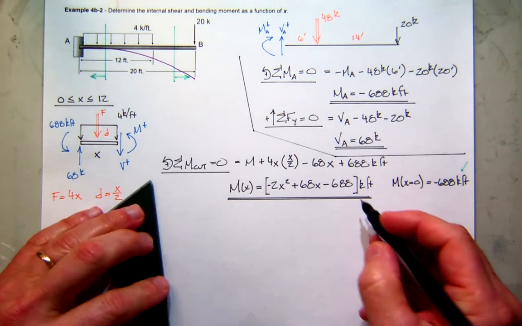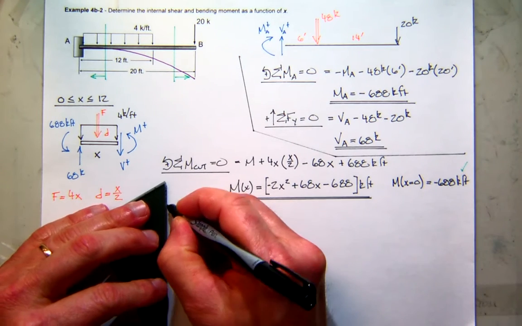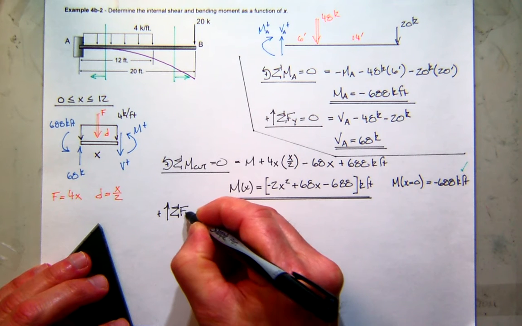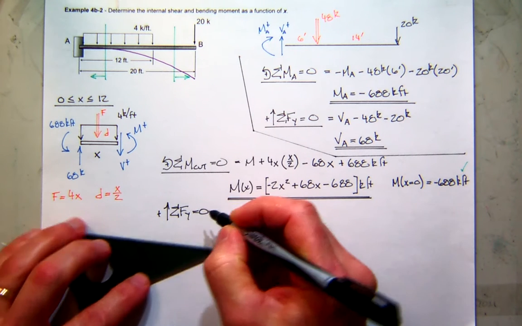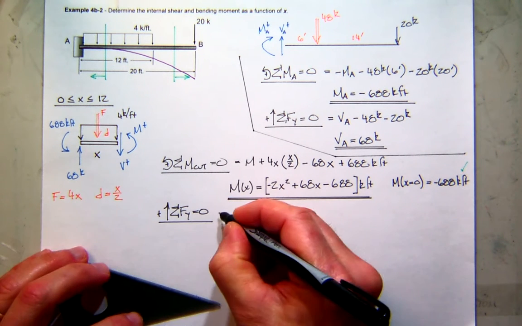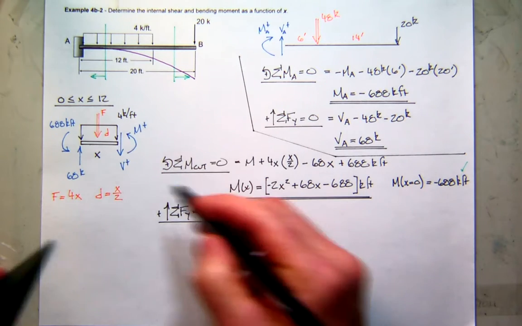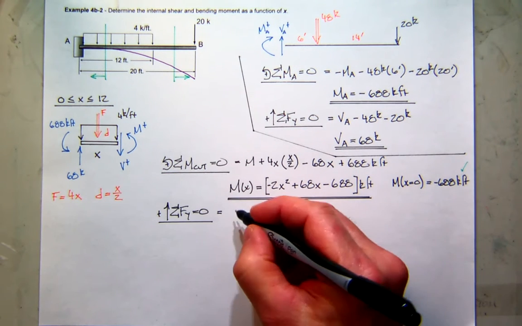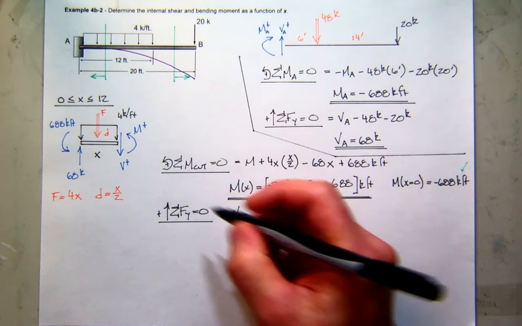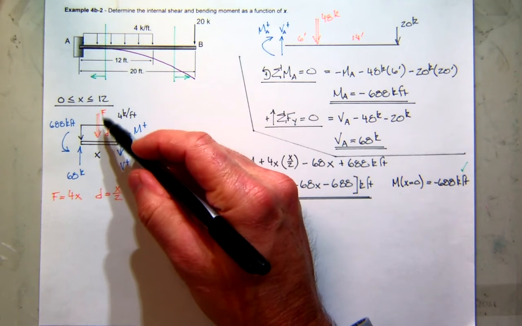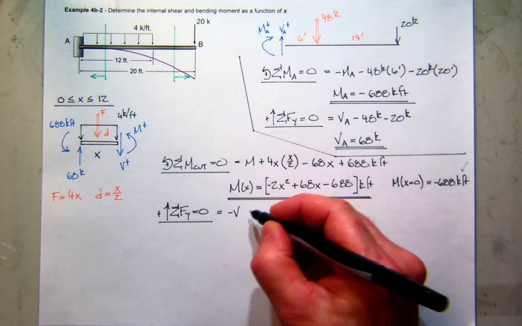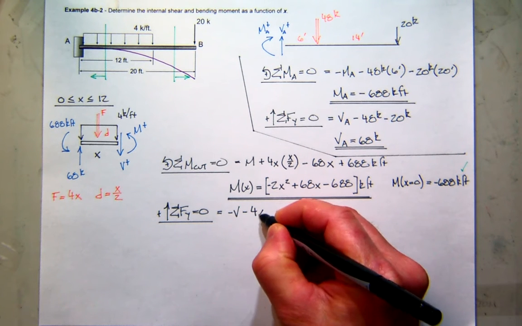So now let's find the shear. I will now sum forces in the y direction. There's my statement. So let's do that. Looking at my free body diagram, with up being positive, this shear force is down, so that's negative. My concentrated equivalent force is down, so that's negative, 4x.